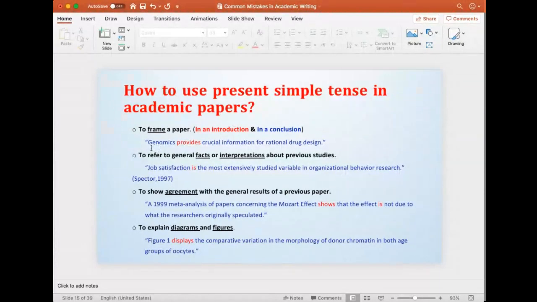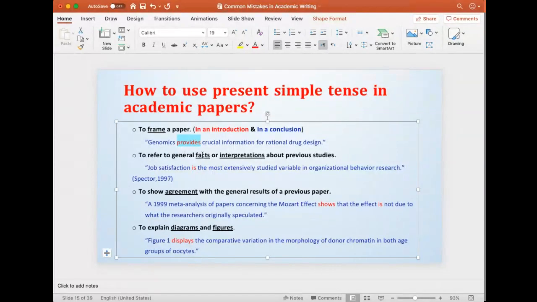Example, genomics provides crucial information for rational drug design. So provides here is my verb. And as you can see, it was formed in the simple present. Another one, to refer to general facts or interpretations about previous studies.